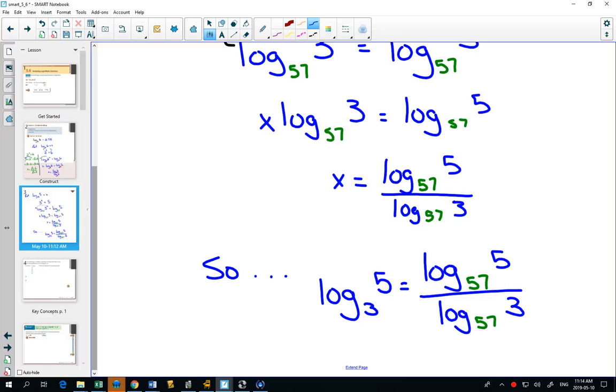And this itself is a specific example of a formula that's not on your formula sheet. I do have it up on the wall over there, called the change of base theorem.